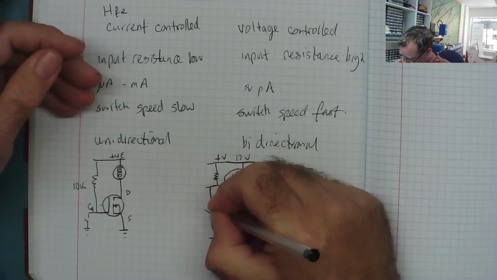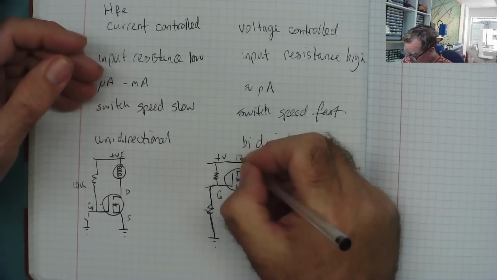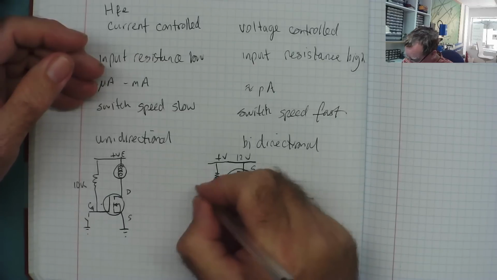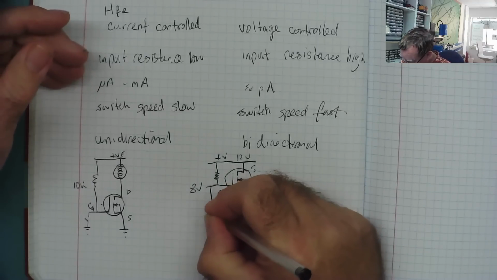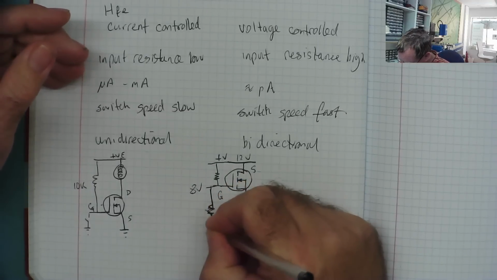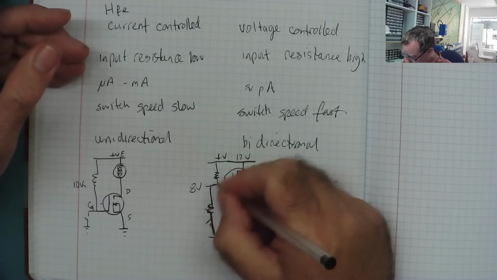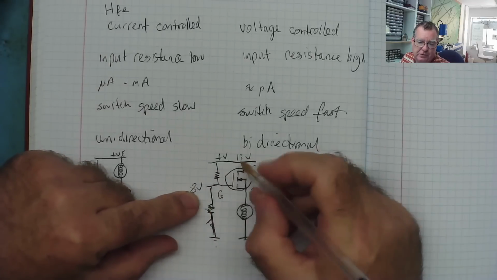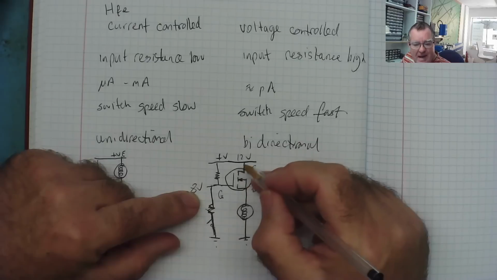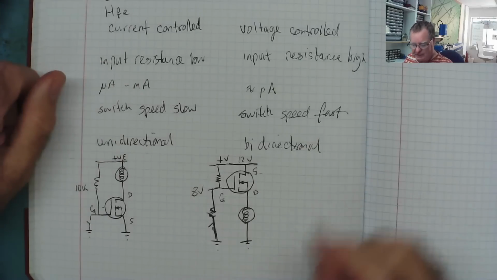For example, if we have a resistor in here, and depending on the values of the resistor, the voltage here could be 12 volts, the voltage here could be 8 volts. Put the resistor in, and again we'll have our little switch in the circuit. So when we switch the switch on now, because of the ratio of the two resistors, this goes down to 8 volts. It's now 4 volts negative compared with the source. It turns on, but notice there's no negative voltages.